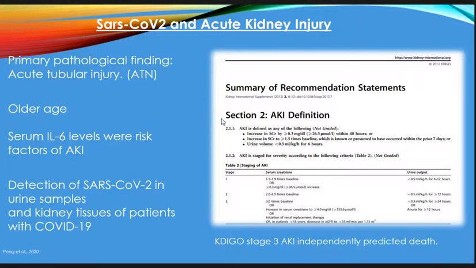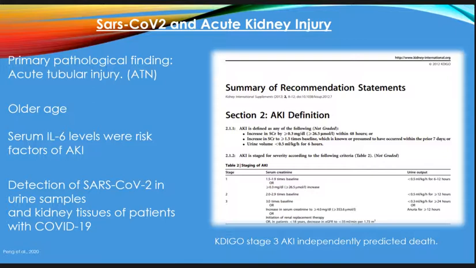On the right here is a summary of recommendation statements made from the National Kidney Foundation, which is the gold standard for detecting and diagnosing acute kidney injury, or AKI.